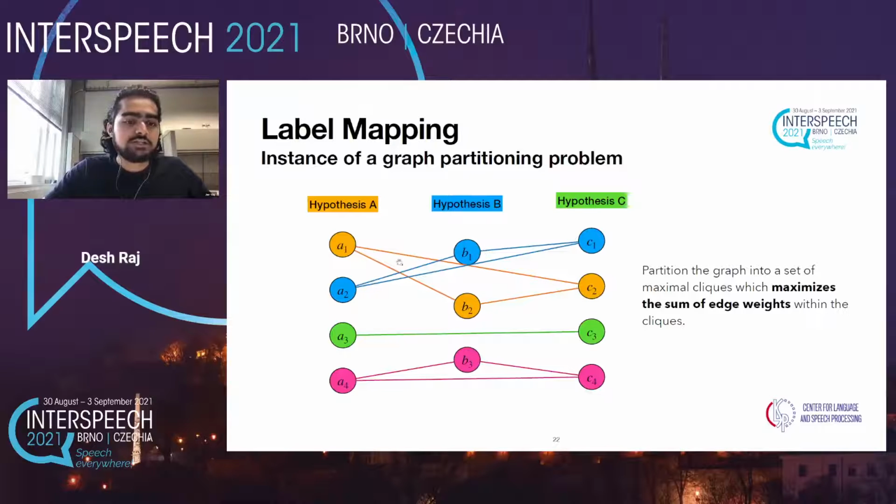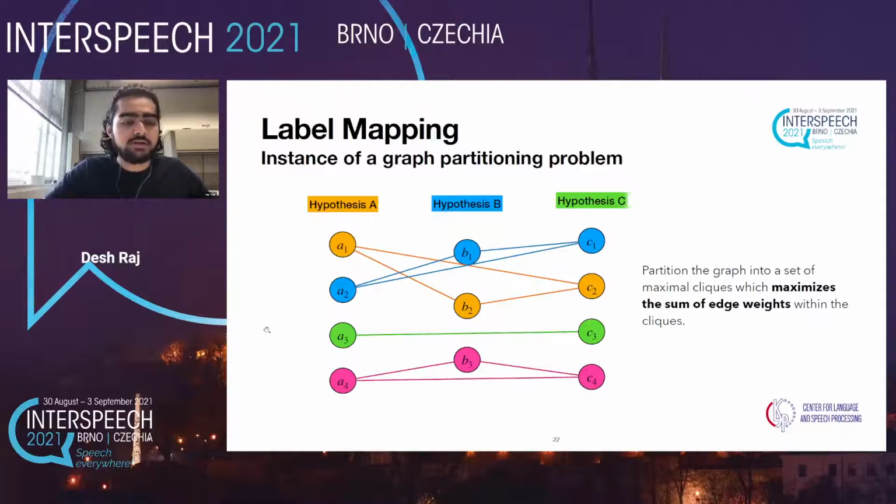So we have partitioned this into 4 cliques such that the sum of edge weights inside the cliques is maximum. Intuitively, this means that the similarity of the speakers which have been assigned to the same underlying speaker is high, which is exactly what we want.